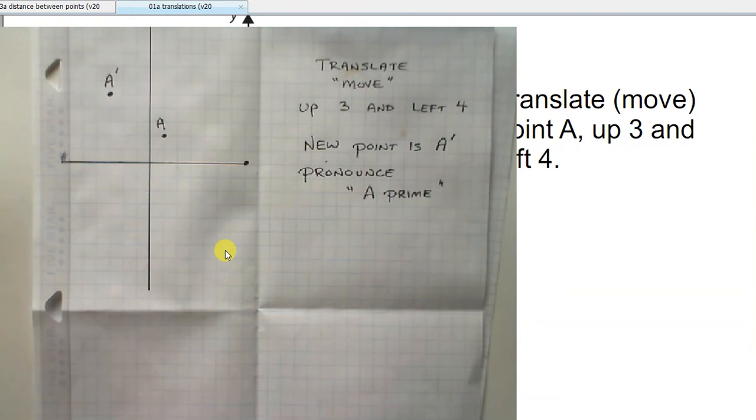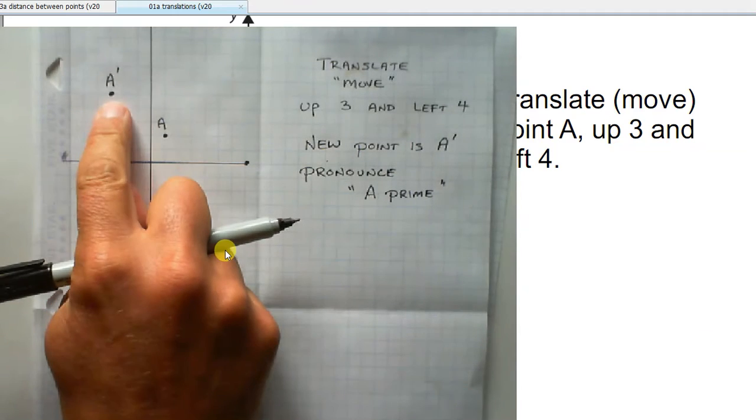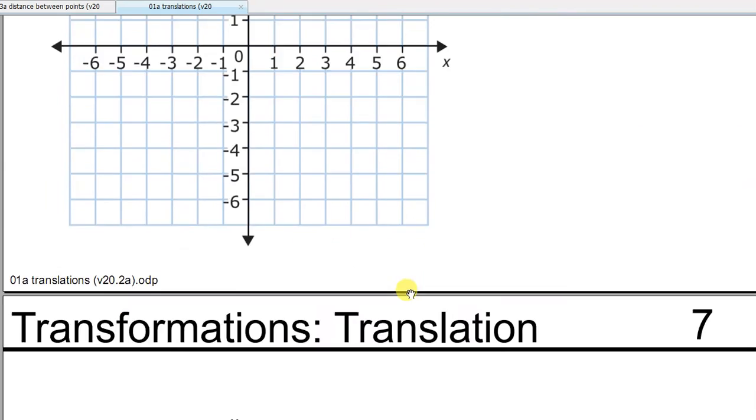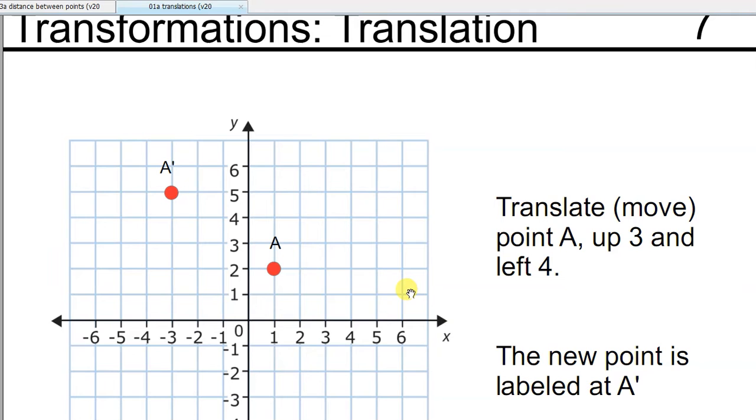So we started here, we translated it up to there, and that's called A prime. So we just translated a point, A to A prime.